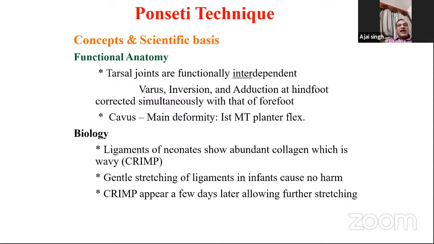The crimps appear a few days later, allowing further stretching. This is the reason why we should do stretching after 7 days, as recommended by Ponseti, and not 15 days, as it was Kite's opinion to change the plaster after 15 days. Next, please.